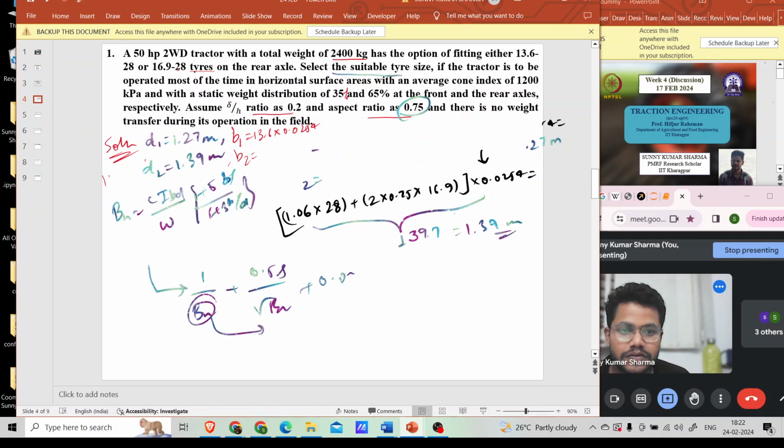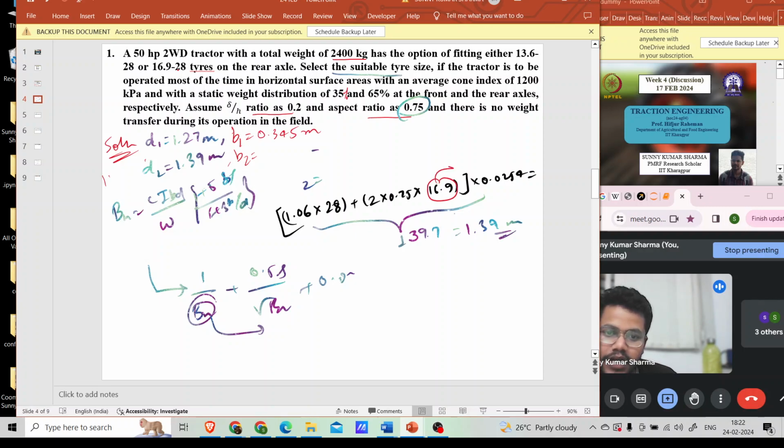What is this value? 13.6 into 0.0254 is 0.345 meters.